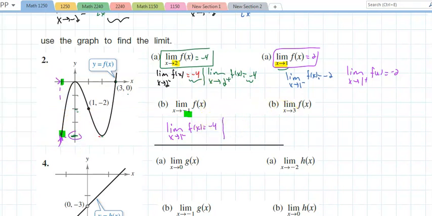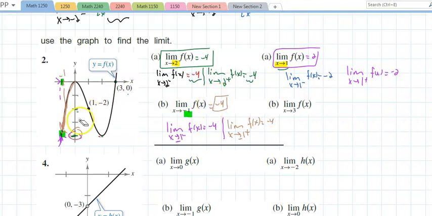And if I take the limit as x approaches negative 1 from the right, there's negative 1 from the right-hand side. As I get very, very close to negative 1, the y value is also negative 4. So that turns out to be negative 4.